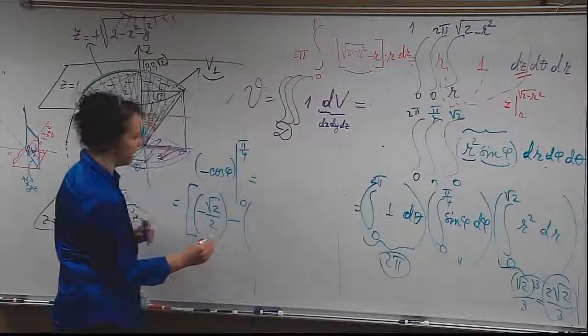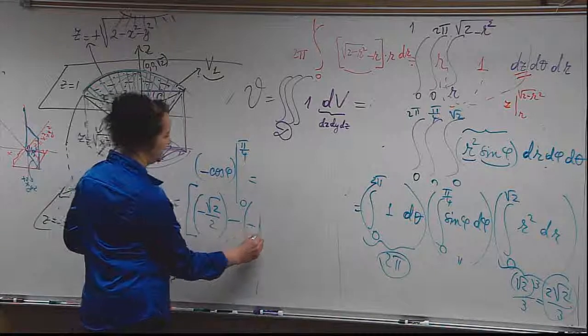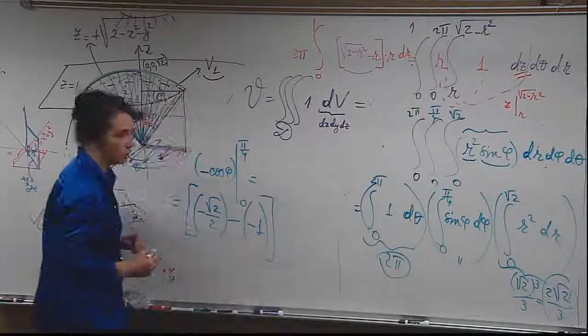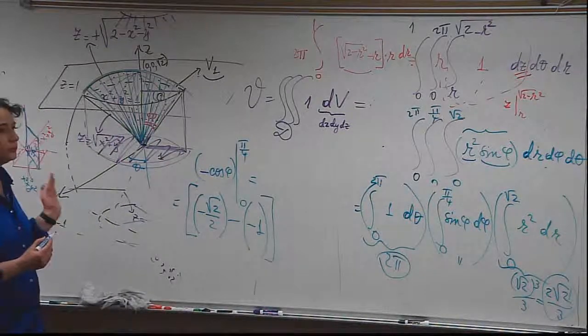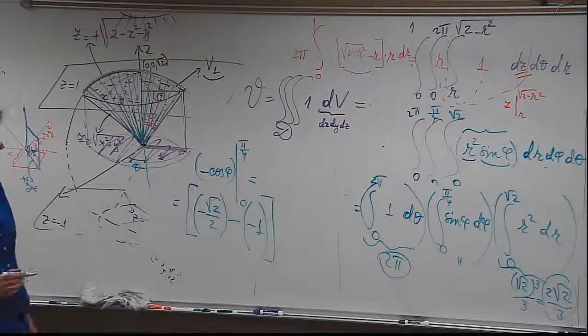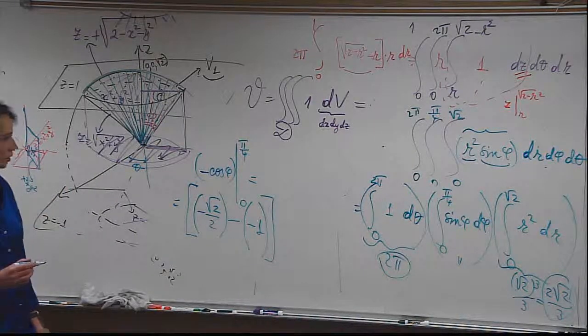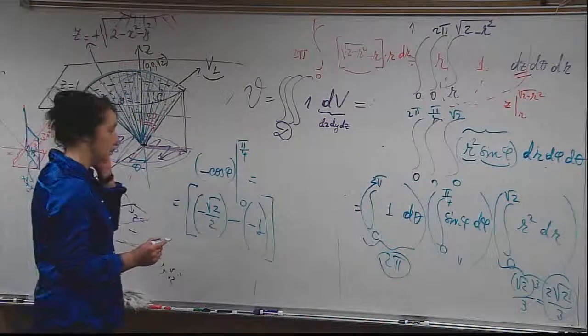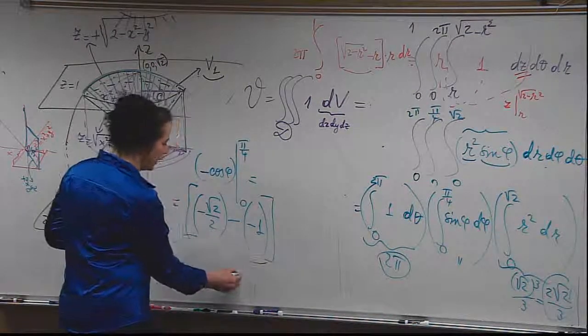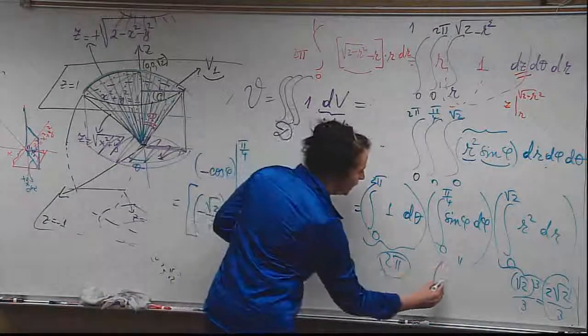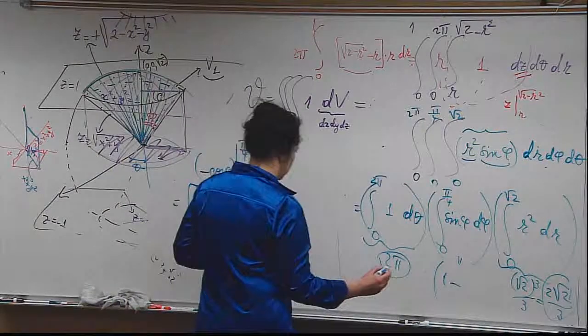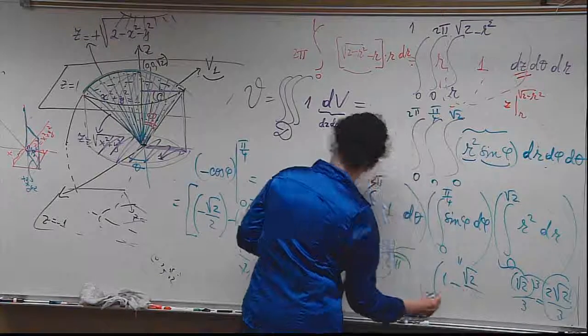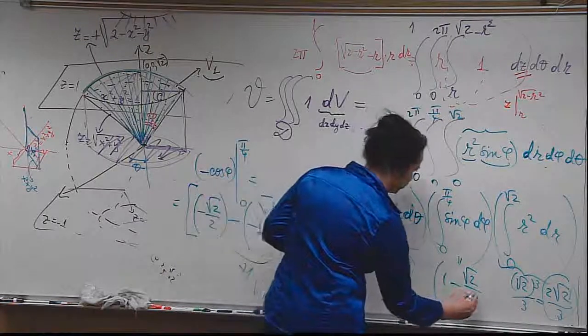Minus second guy: minus minus 1. Good. Don't fall into the trap. Pay attention to the signs. Don't mess up, because that's where you can hurt your grade, messing up with minus signs. So this is 1 plus... 1 minus root 2 over 2.